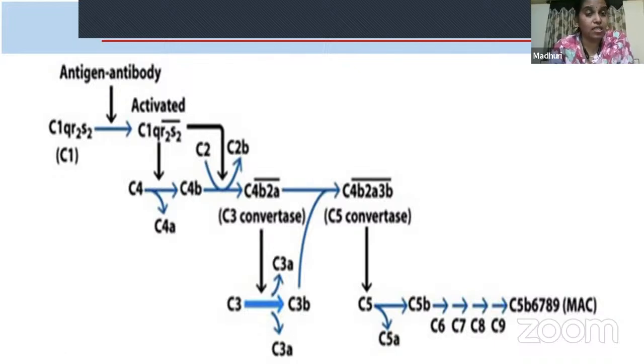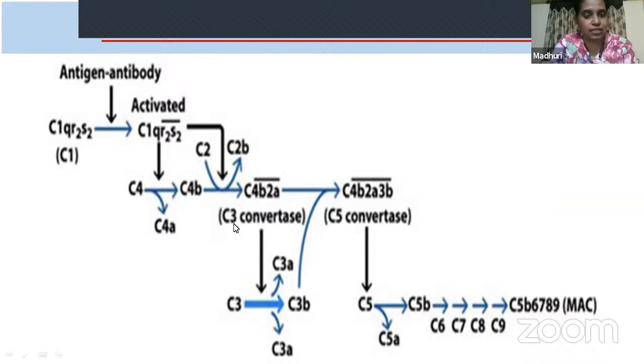Over here, C2A is heavier, so it attaches to the complement cascade. C2B is released into the circulation, right? So this particular molecule is called a C3 convertase. This is the actual step which helps the complement system to proceed further, right? So we have the C3 convertase over here.